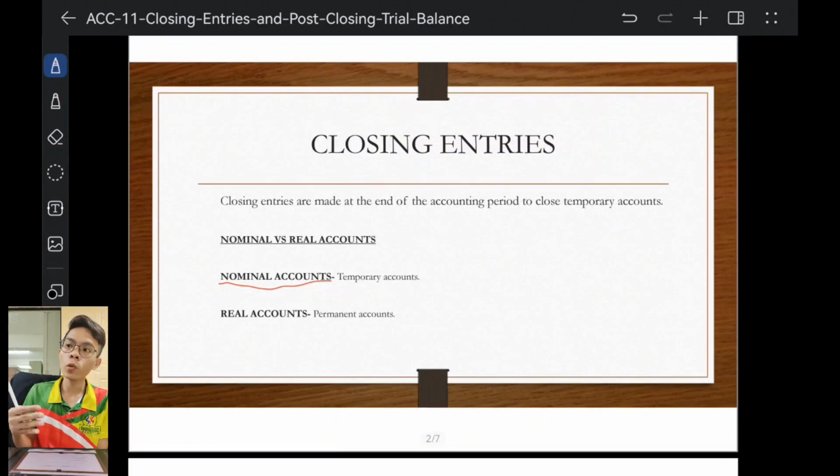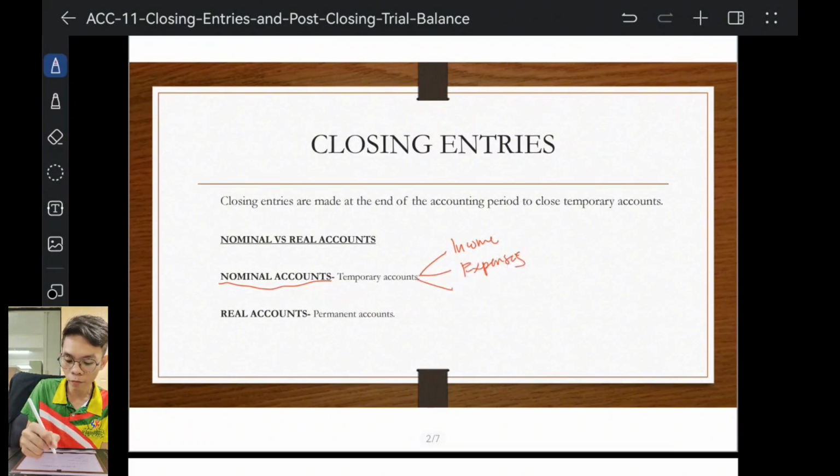So these are the accounts that we are going to close at the end of the accounting period. So what are those accounts, sir, that will be closed at the end of the accounting period? We have the income, the expenses, and then we also have the drawings of the owners. Again, income and expenses can be seen on your statement of comprehensive income.